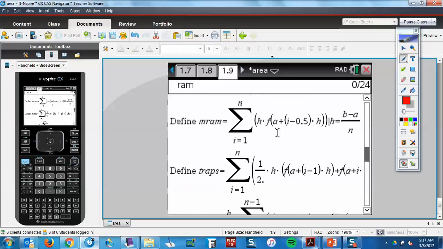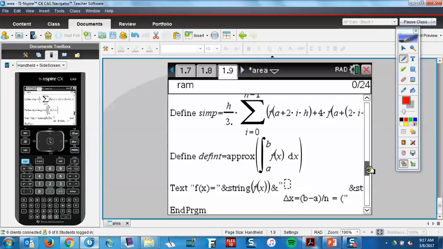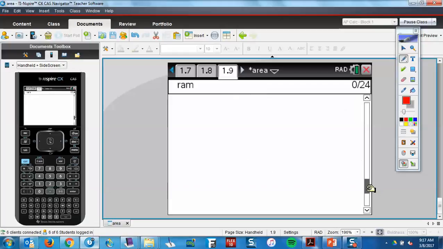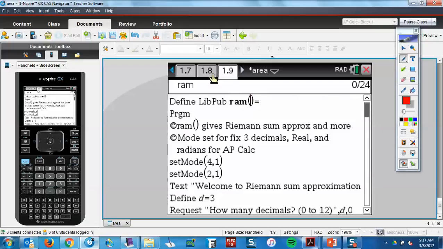So it just sets those up as sigmas and does them, and whatever you put for n, it does that many of them. So you can see it was not horribly difficult to program, especially if you can do sigma notation. And then for the exact answer, they just do an integral, and then they give out the answers. So anyway, that's what it looks like.